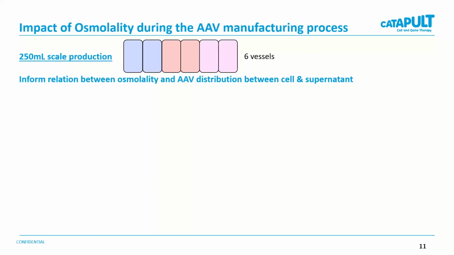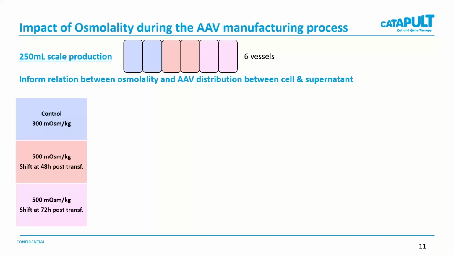After this experiment, which was a screening and very exploratory, we did an experiment, and this will be my second data set, at 250 ml scale. This experiment was 6 vessels and 3 different conditions, so each condition in duplicate. Those 3 conditions were the following.